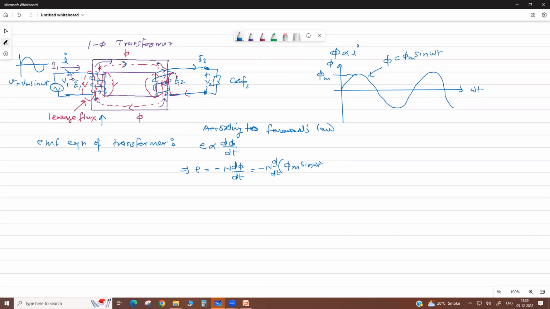Please differentiate this, then it comes to minus N phi m. The maximum flux is a constant. Then you know the derivative of sin omega t is cos omega t.